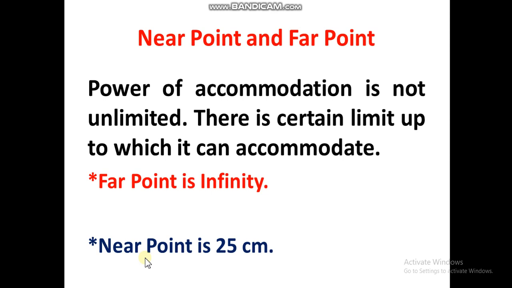So this is the limit. From 25 centimeters and beyond, the eye can adjust its focal length and we can see the objects clearly. If the object is brought closer than 25 centimeters, the object will appear blurred to us. So the near point for clear vision is 25 centimeters.